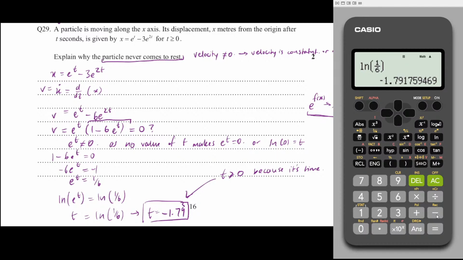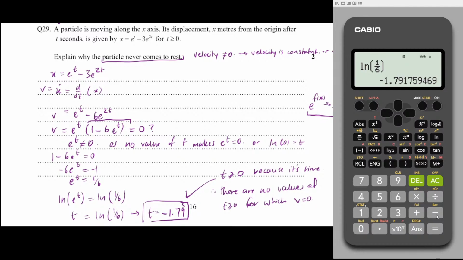So, therefore, there are no values of t for which v is equal to 0, because the only value of t for which it is when t is negative. I should write this off: there are no t greater than or equal to 0 for which v is equal to 0.